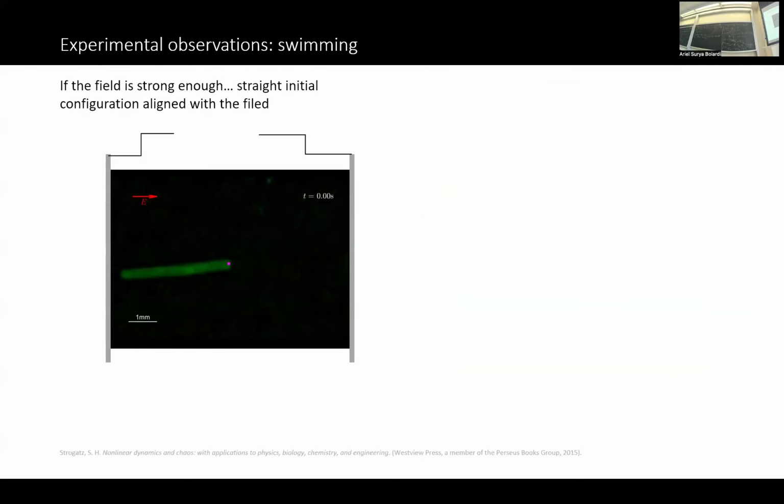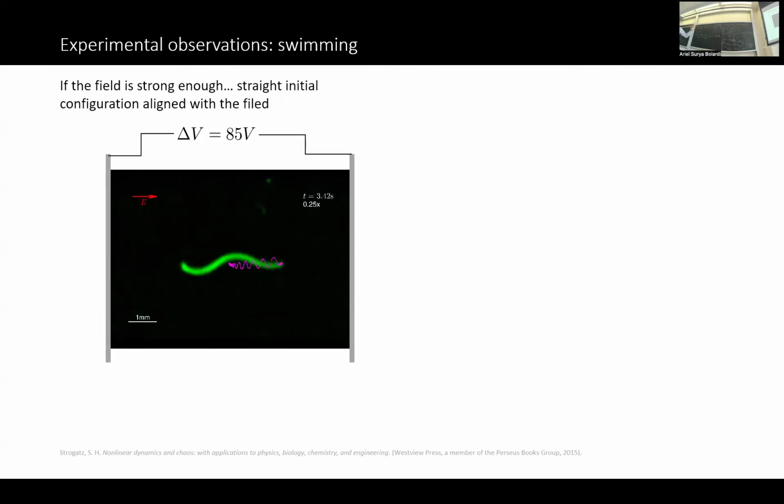But okay, now let's see what happens increasing the electric field. We've seen before that a filament ribbon aligned with the electric field for lower values of the potential difference remained straight, while for a sufficiently high potential difference, small amplitude oscillations emerge, which then develop into higher amplitude oscillations, which stabilize.